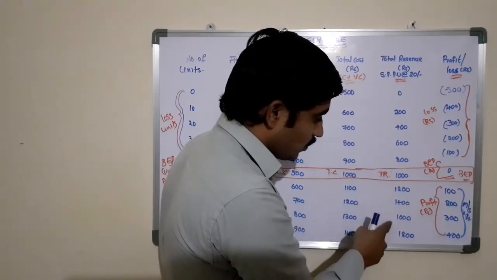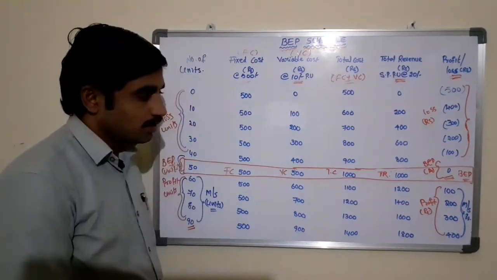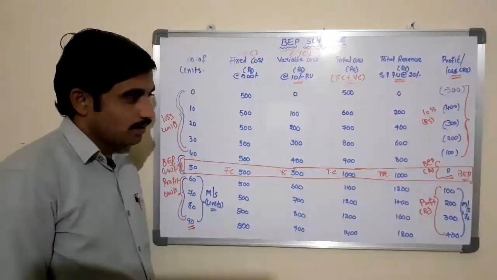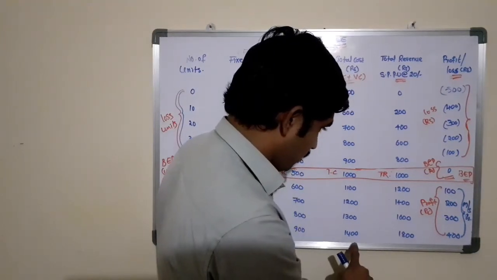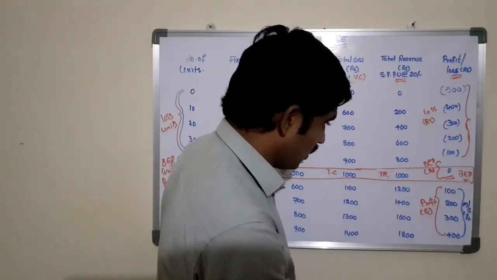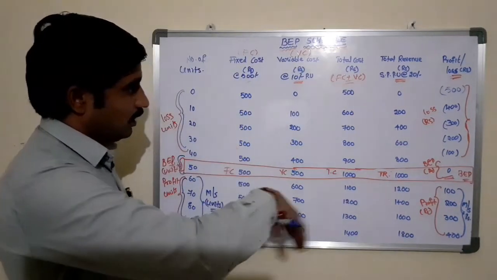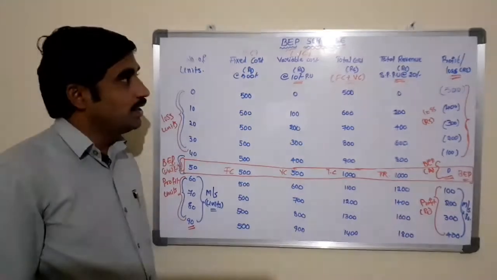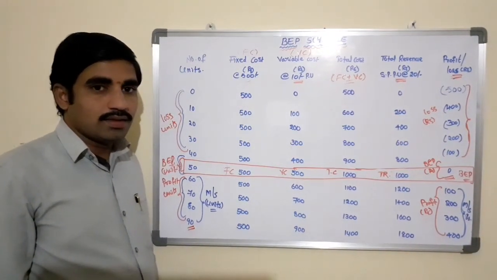The difference between these two, that is 800 rupees, is the margin of safety in terms of value. So this is the profit, 400. So this is the explanation of the BEP schedule and the assumptions of break-even analysis.